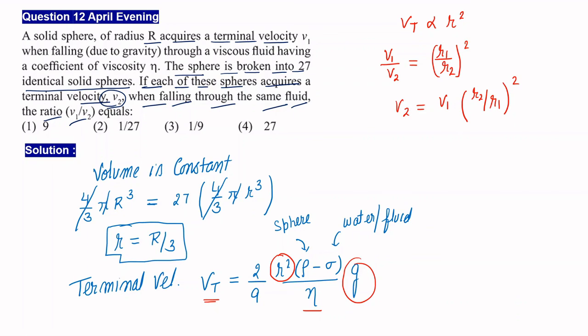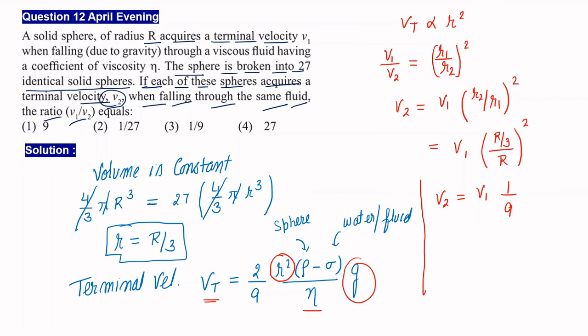Here V1 you write simply, and R2 is nothing but R by 3, R by 3 upon R, into square. So V2 is equal to V1, R is going to cancel out, you get 1 by 9.